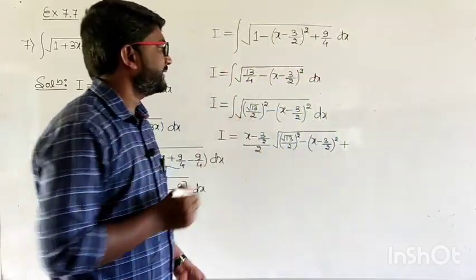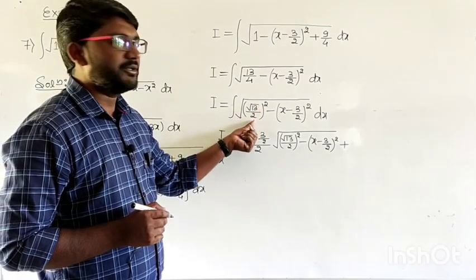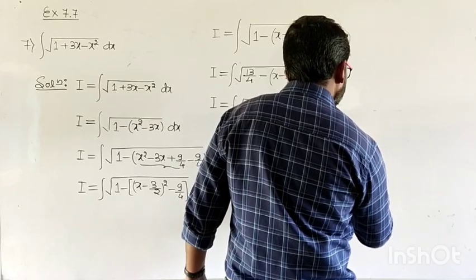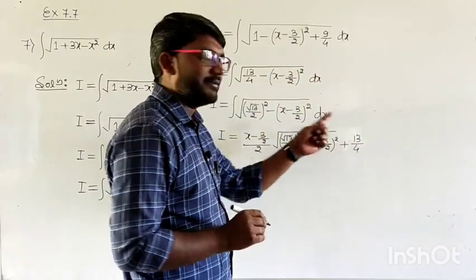What is a square here? A is root 13 by 2. A square will be 13 by 4. So 13 by 4, this is a square divided by 2.